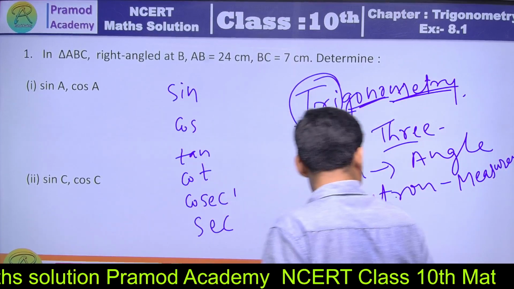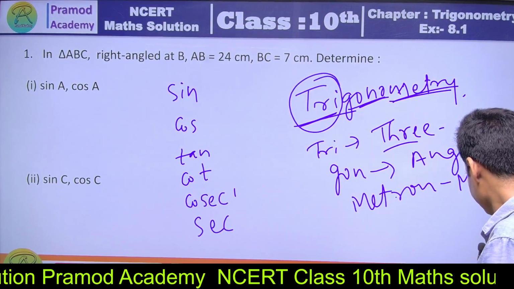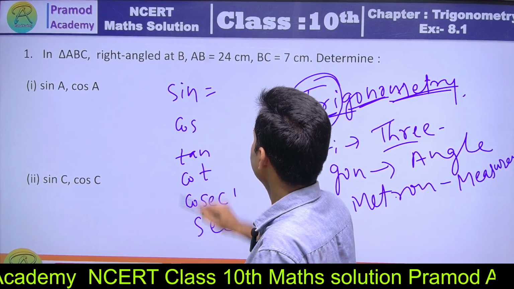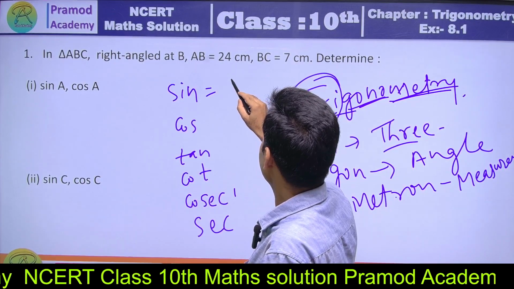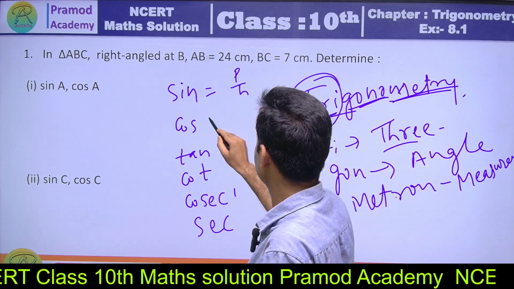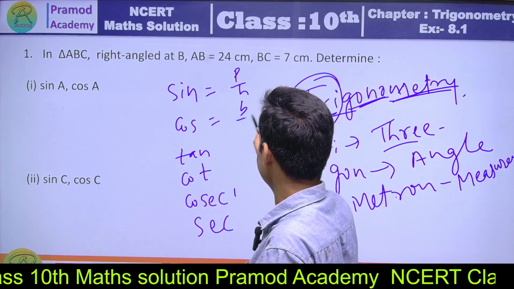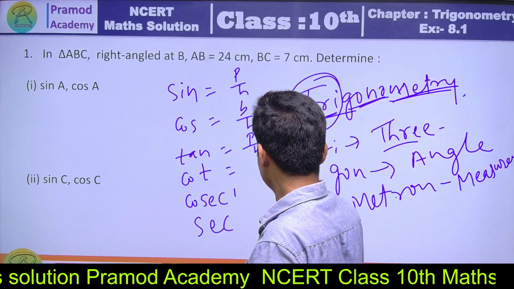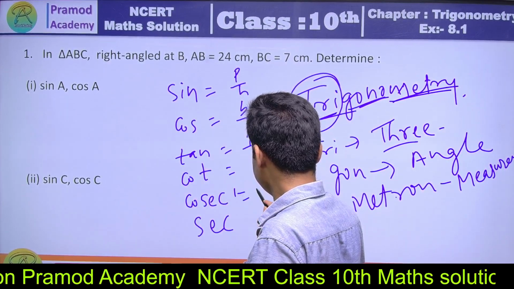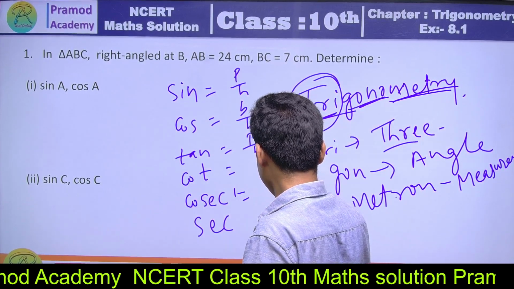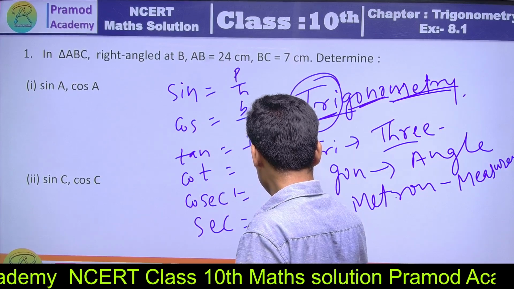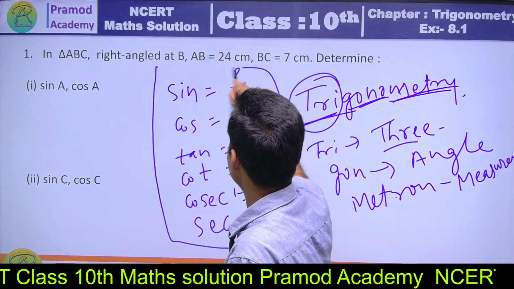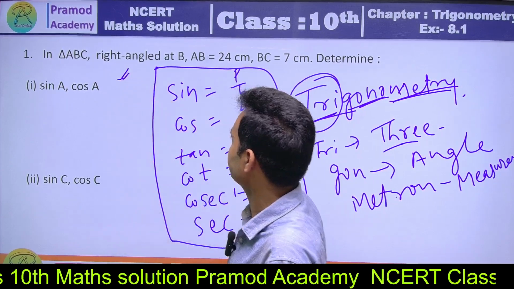These are the ratios of trigonometry, and all have formulas. Sin is p by h, cos is b by h, tan is p by b, cot is b by p, cosec is h by p, sec is h by b. With the help of these formulas, I will solve all the problems in exercise 8.1.